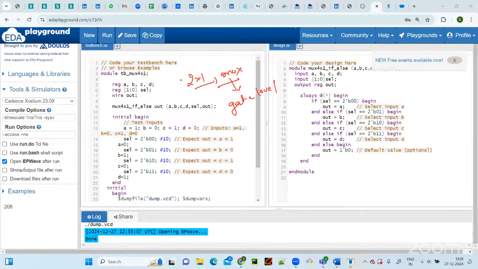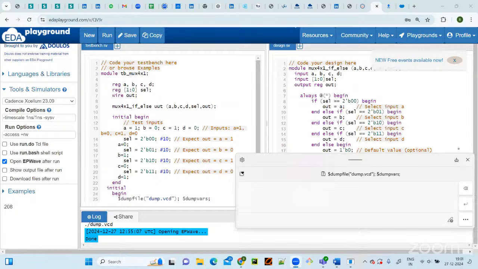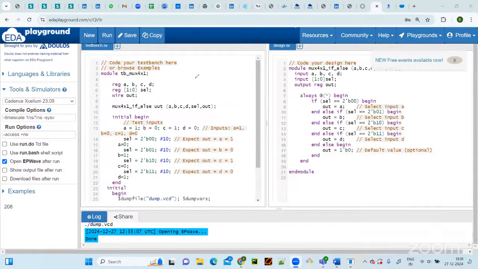Now, how many levels of abstraction are there in Verilog? Can you respond through the chat box? What are they? Among them, which one is the highest level of abstraction? Behavioral is the highest level of abstraction, followed by data flow, then gate level or structural modeling, then switch level.